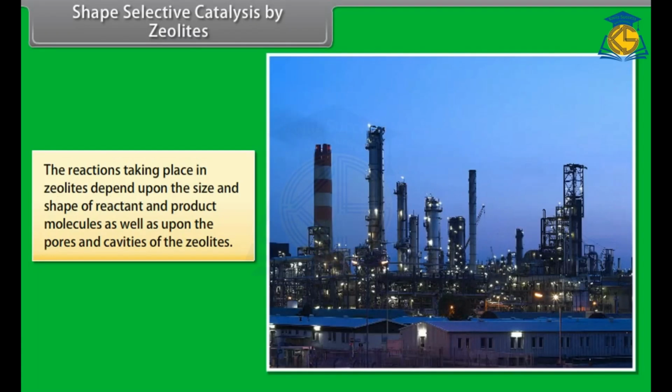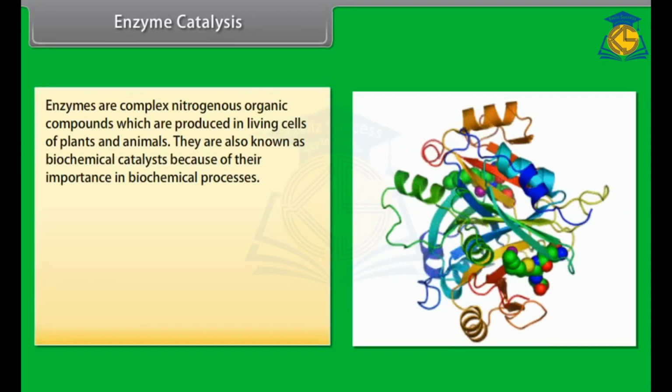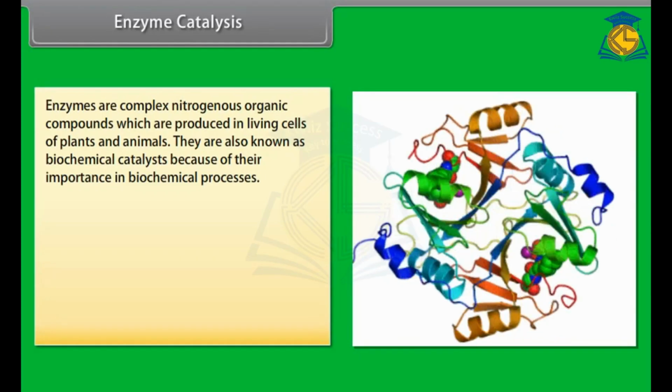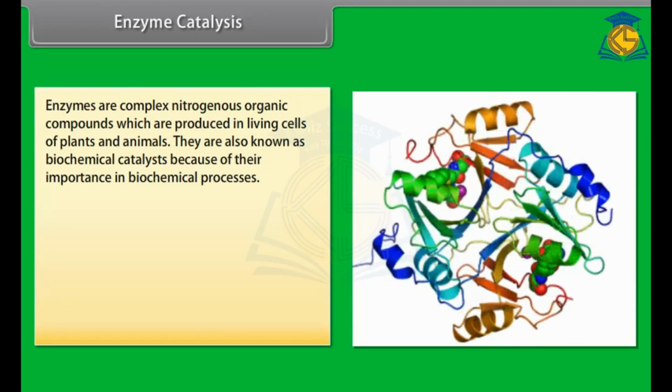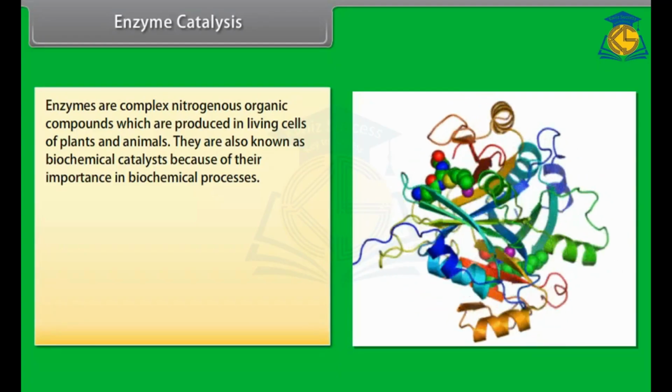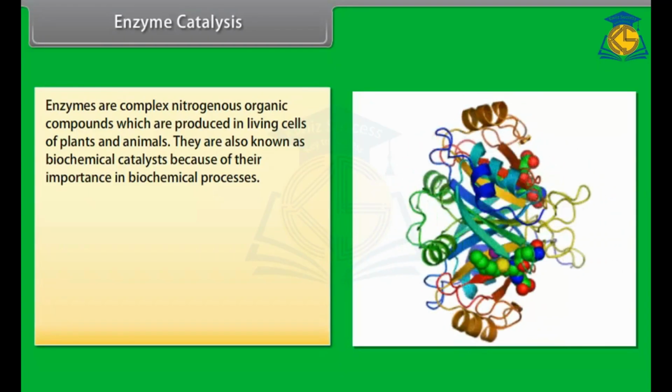Zeolites are used as catalysts in petrochemical industries for cracking of hydrocarbons and isomerization. Enzyme catalysis. Enzymes are complex nitrogenous organic compounds which are produced in living cells of plants and animals. They are also known as biochemical catalysts because of their importance in biochemical processes.